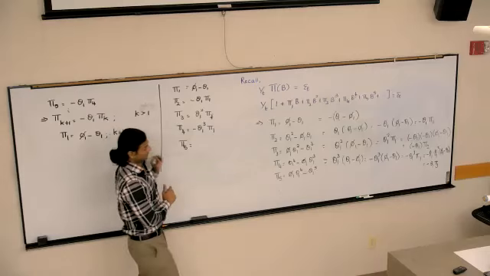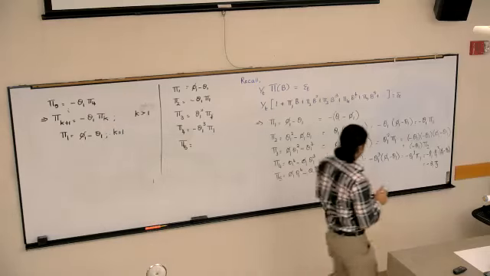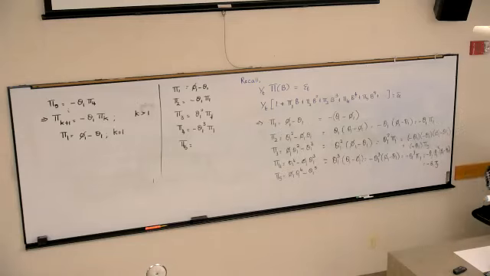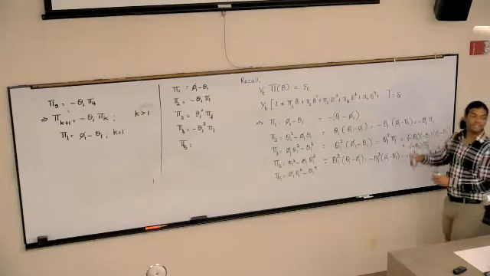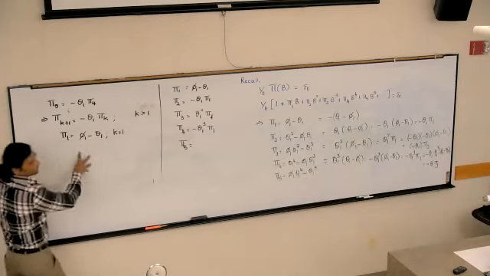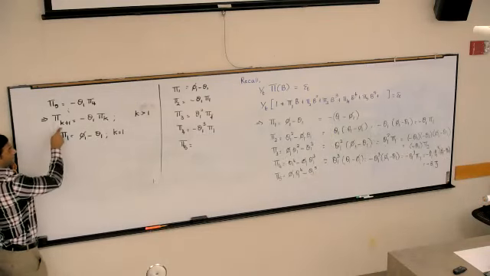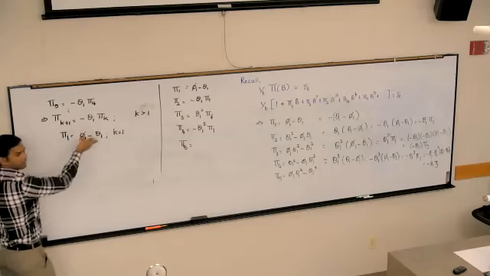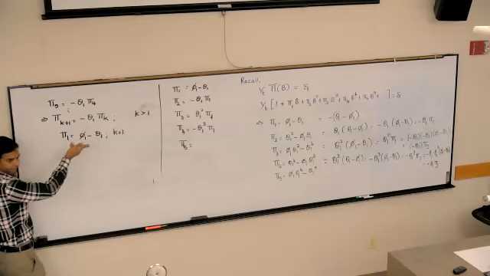Is it supposed to be pi 1 or pi 3 for pi 4? No, he's leaving it as pi 1. I'm using pi 1. So this is a recursion where pi k plus 1 will depend on the previous pi k.